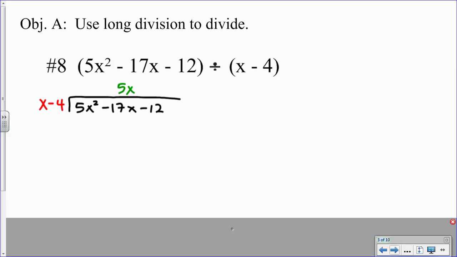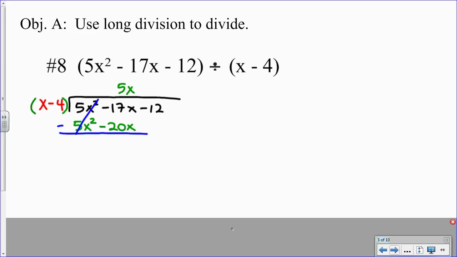So then remember, you multiply here. I'm going to put parentheses around that divisor because I have to multiply both terms. So 5x times x is 5x squared. And then 5x times negative 4 is negative 20x. Okay. When you subtract down, you have to subtract both terms. So that's going to give me 0. That's what I'm going to be wanting, is to be able to get 0 here.